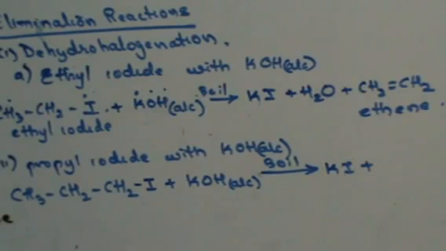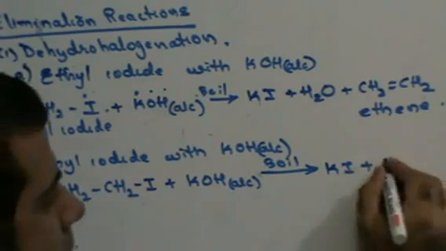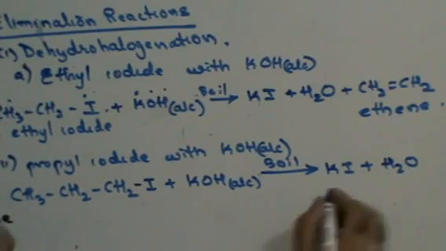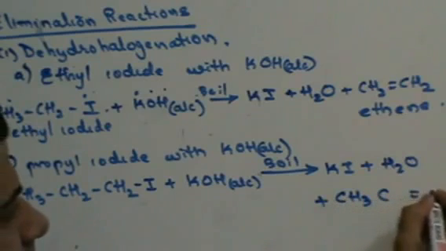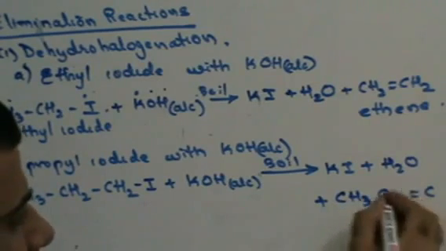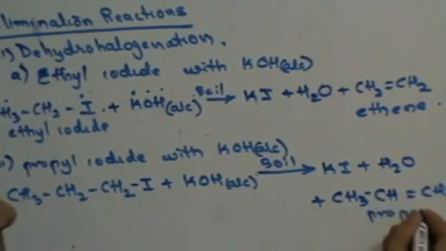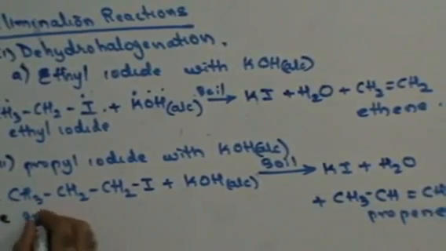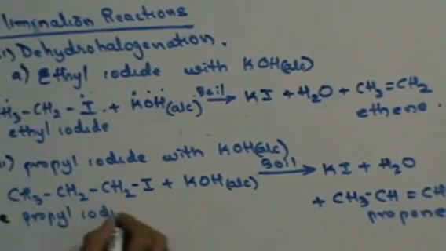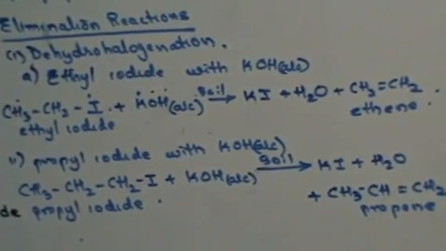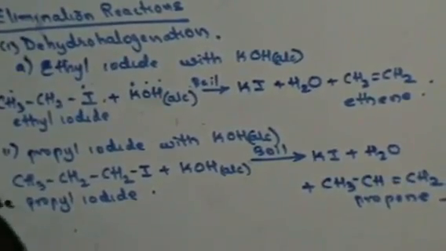Potassium reacts with iodine, and the halogen is removed. The hydroxyl group reacts with hydrogen to give you H2O. That leaves you with CH3CH, that is 1, 2, 3, CH2. Propene. This is propyl iodide. So propyl iodide reacts with potassium hydroxide to give you propene.